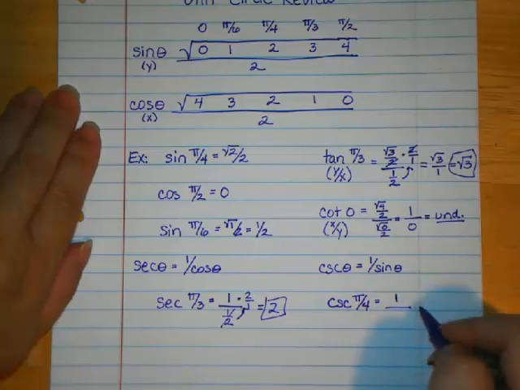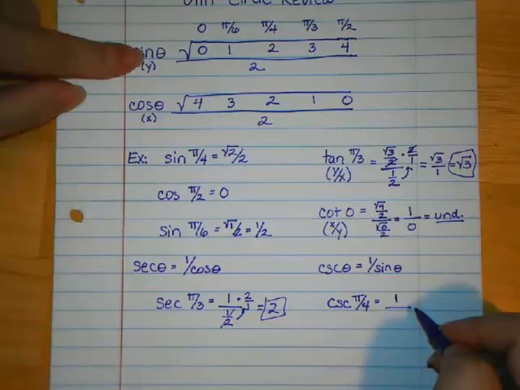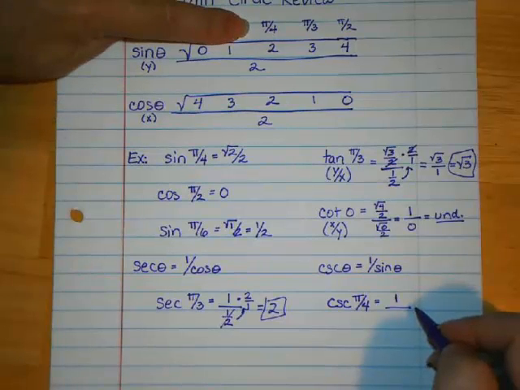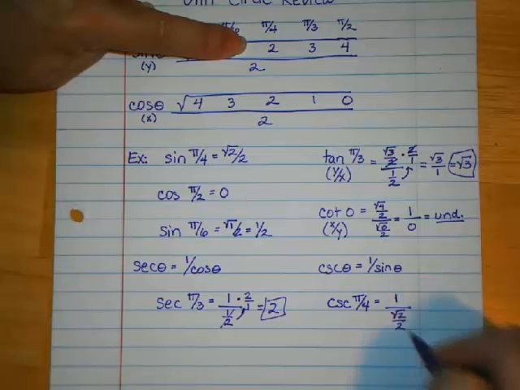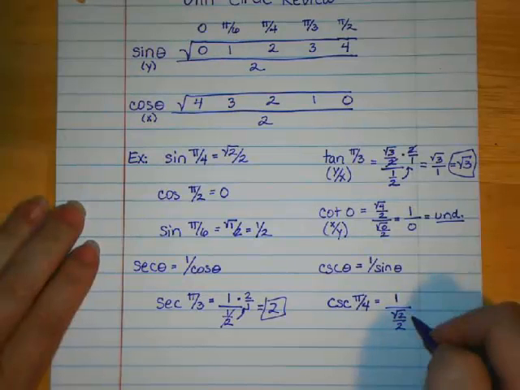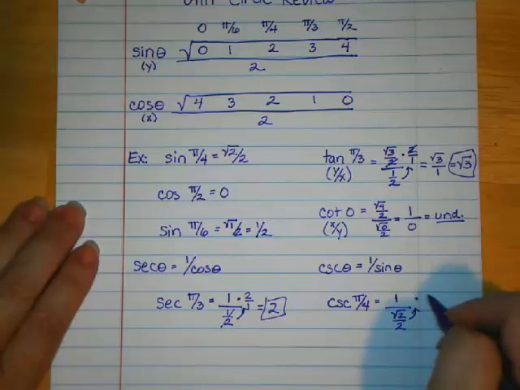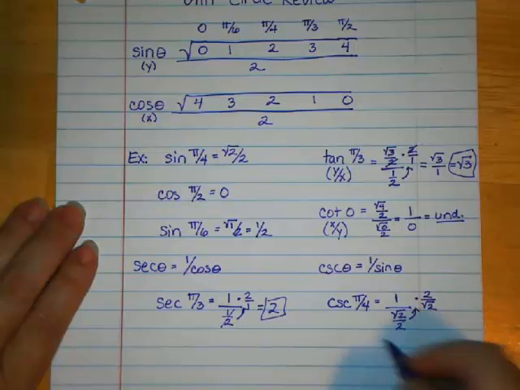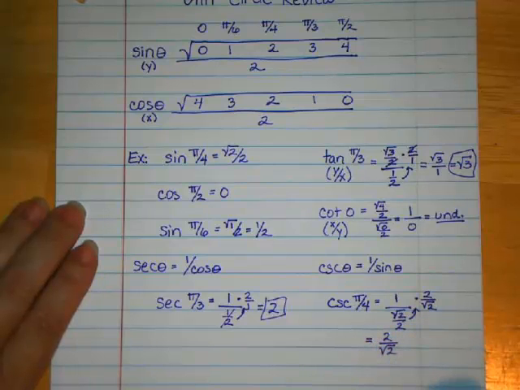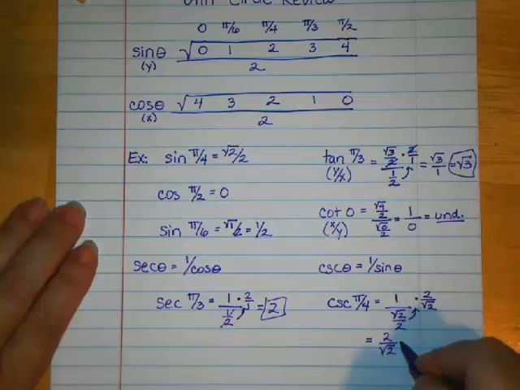Let's take the cosecant of pi over 4. Cosecant is 1 over sine. So we're going to put 1 over the sine of pi over 4. Here's sine. Here's pi over 4. It's going to be the square root of 2 over 2. Flip that up. So it's going to be 2 over the square root of 2.